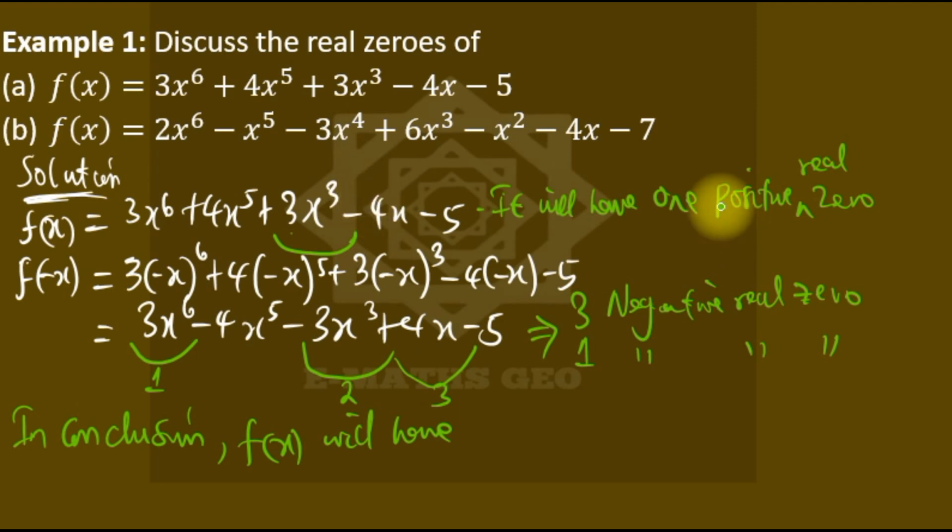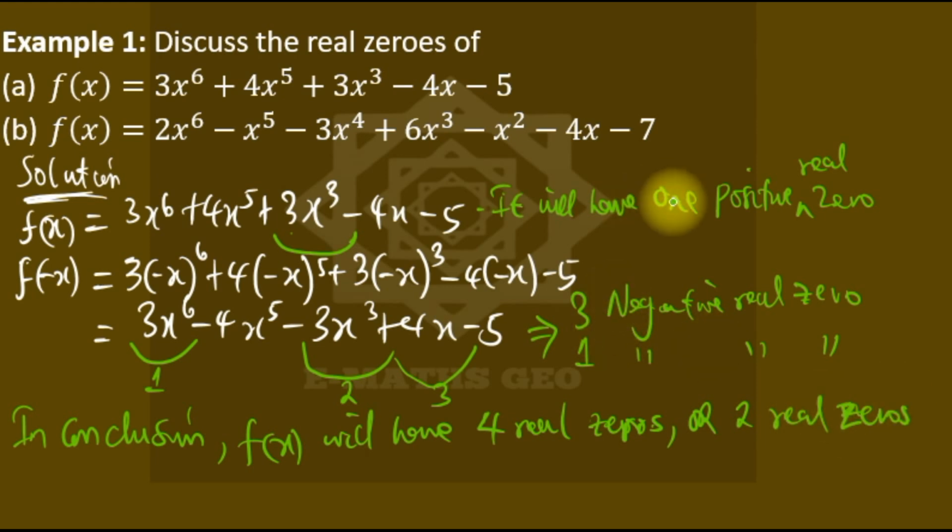Since I have one positive and 3 negative, it's either I have 4 real zeros or 2 real zeros.